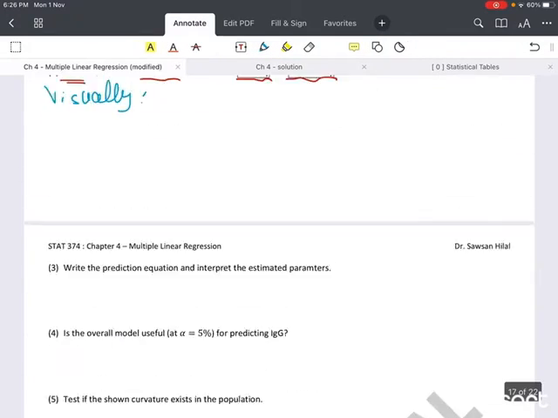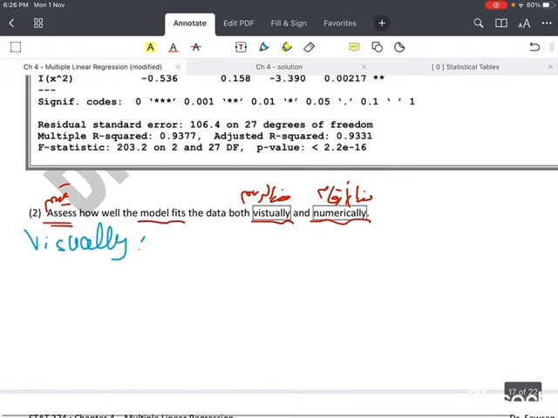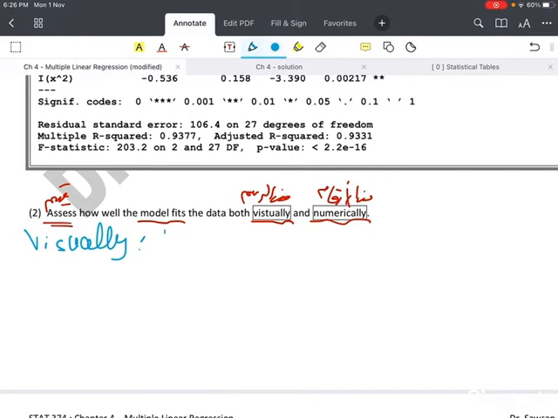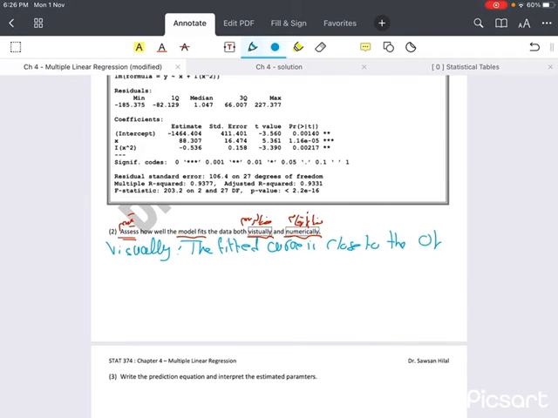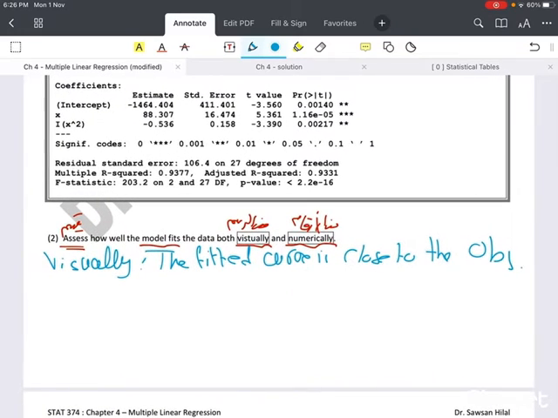So you will write here visually, the fitted curve is close to the observations. فلما يكونون النقاط قريبين من الخط اللي هو المعادلة، فإذا هم كانوا قريبين من بعض فإذا معناته شنو؟ معناته إن it's good.